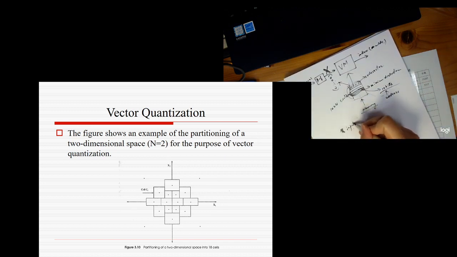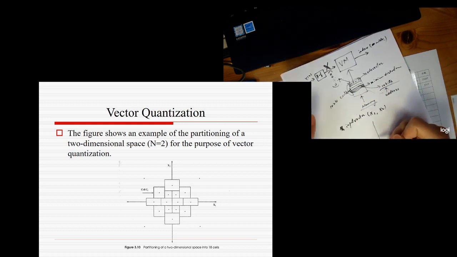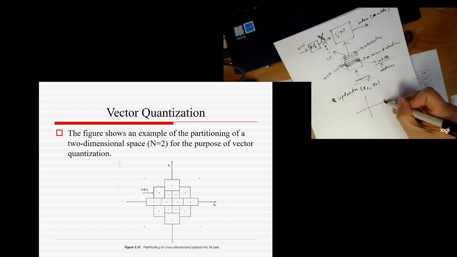Our input vector is S1, S2, and you can see they partition many clustering regions. In each region, the point with its S1 coordinate and S2 coordinate value is the code vector.